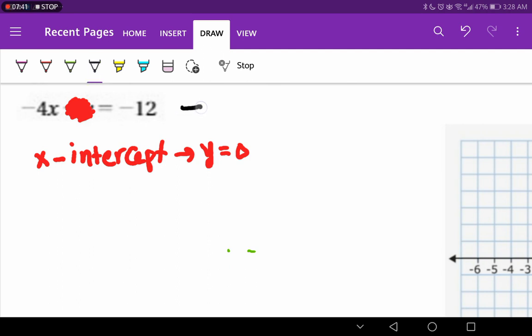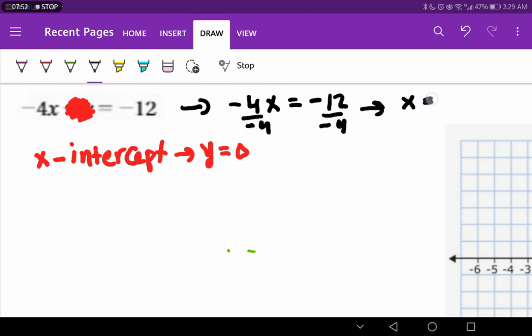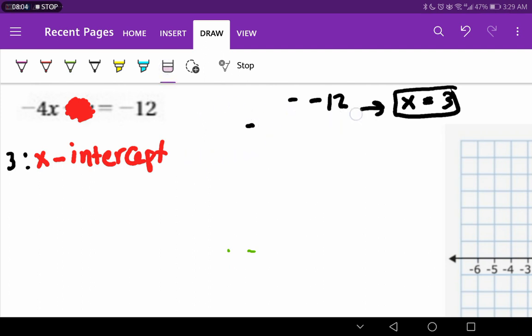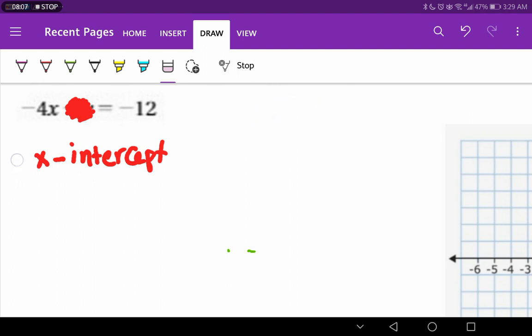Then this equation will be negative 4x equals negative 12, and divide by negative 4, so x equals 3. So the x-intercept is 3. Are you happy with that? We are done with this. Let me write it in the front. You see, life is very beautiful because of me, yes? So it is 3. Now come back to the song: y-intercept.